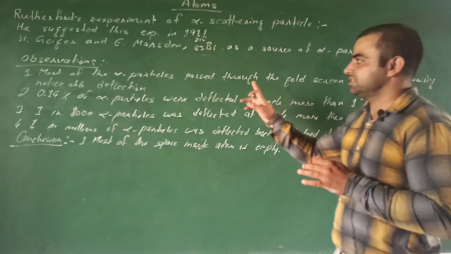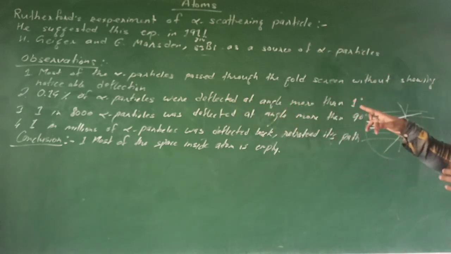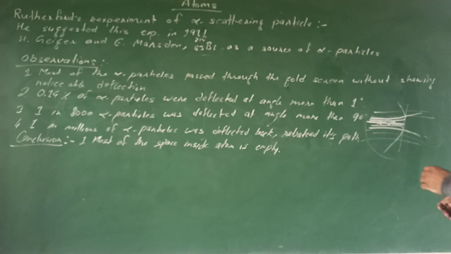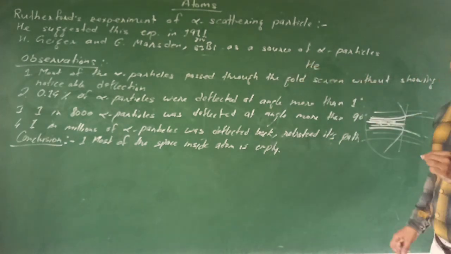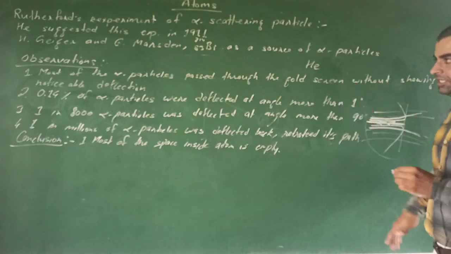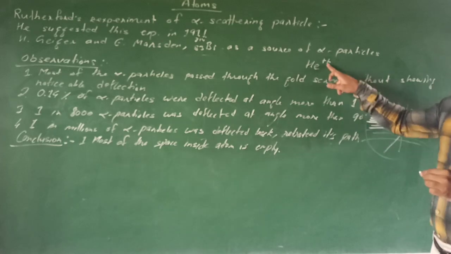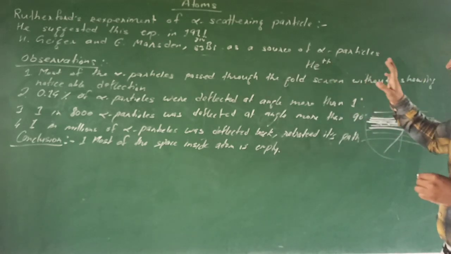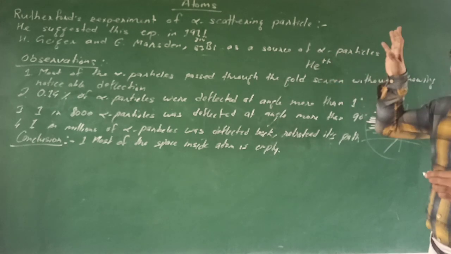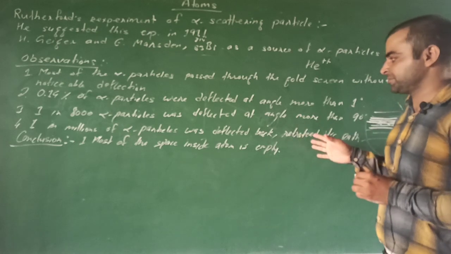Next, we have seen that 0.14% of alpha particles were deflected at an angle more than 1 degree. And what is an alpha particle? An alpha particle is nothing but a helium atom having no electrons, we can say He 2+. So the alpha particle is positively charged.